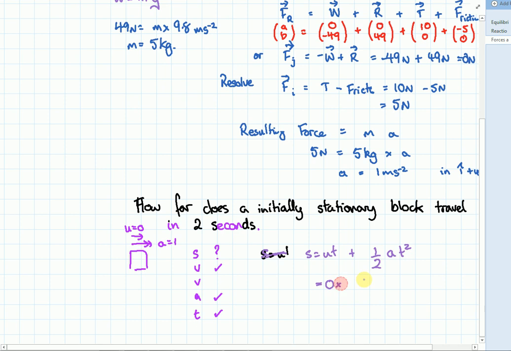We've got 0 times t, which is 2 seconds, plus 1/2 times 1 times 2 squared. So the distance it will cover in that time is 2 meters.